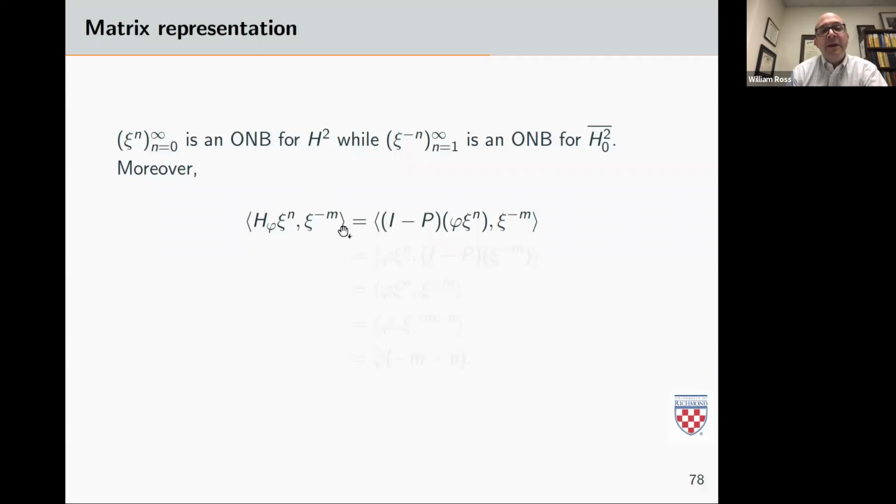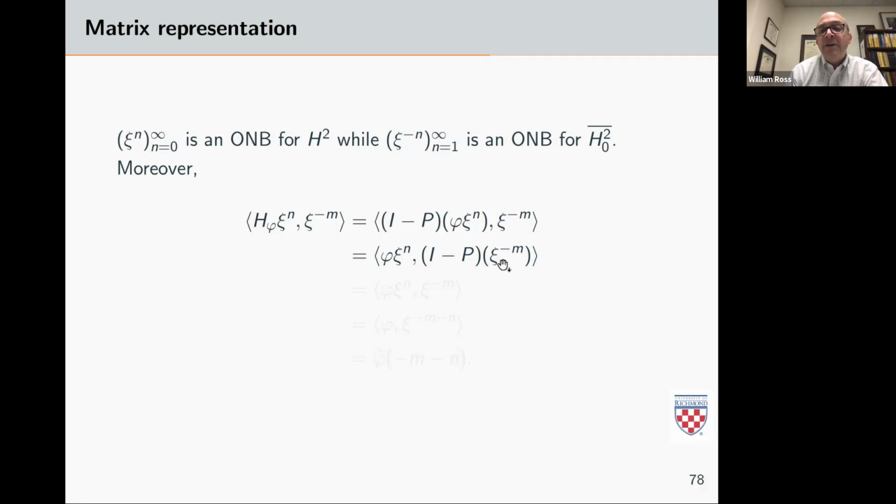Well, here's going to be the mn coefficient. You apply the Hankel operator, so you multiply by phi, and then you apply I minus P. All right, this is the same song over and over again. You've seen me do this. So you move this to the other side.